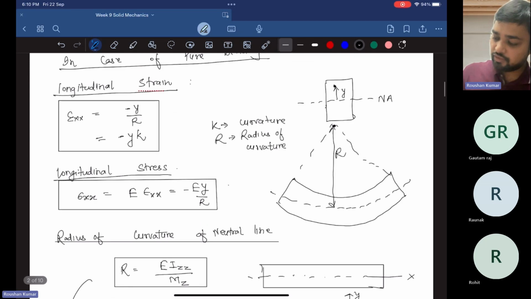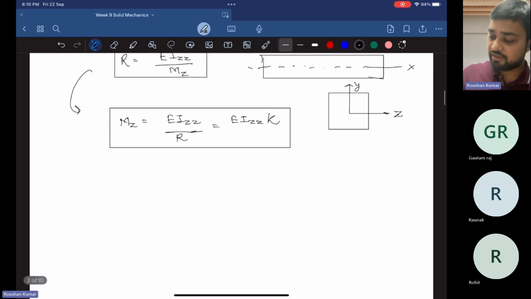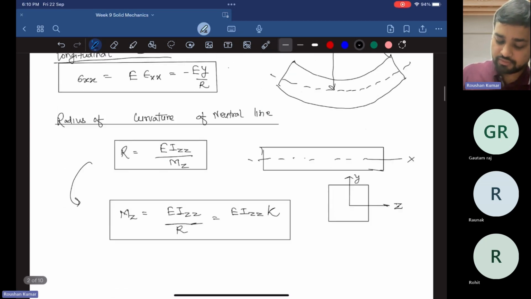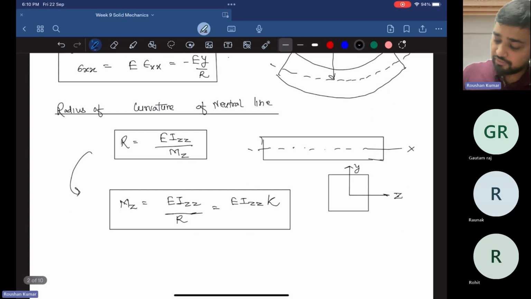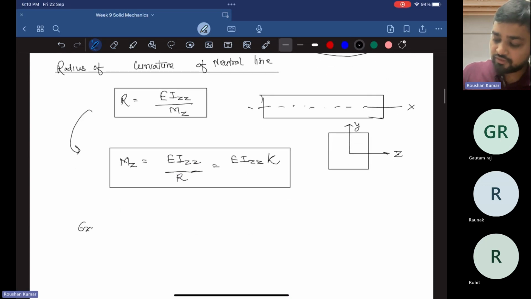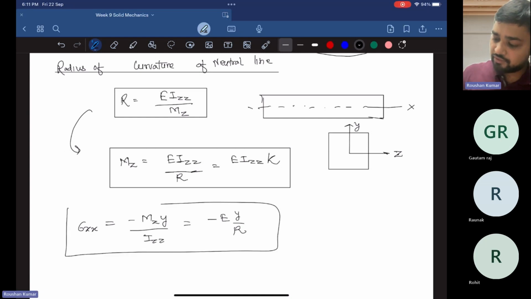So using this formula, sigma xx and Mz, we can derive one relation. Basically we have this one common relation, which is also known as the bending equation: sigma xx equal to minus Mz y upon Izz, equal to minus E into y upon R. So this is the final bending equation.